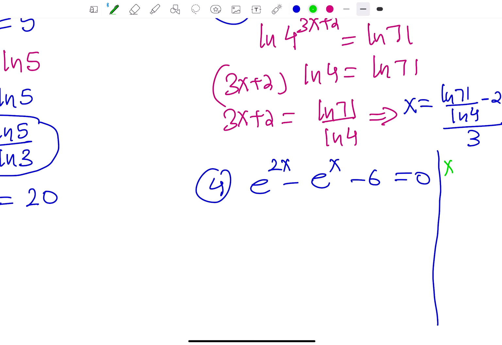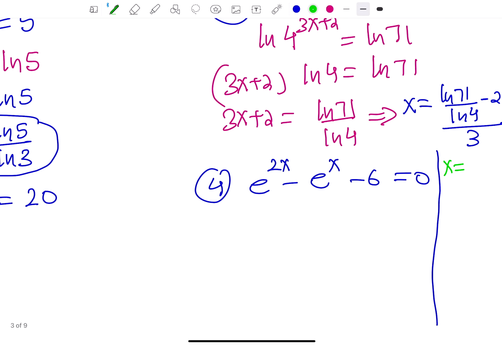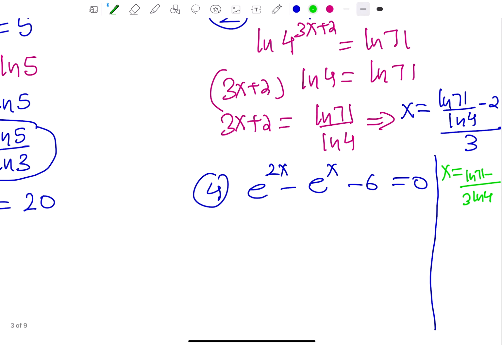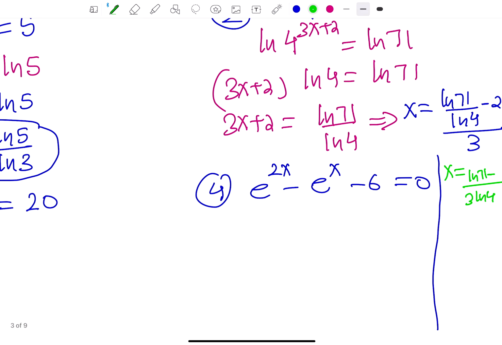We can write it as x equals, in the denominator, 3 natural log of 4, and the numerator would be natural log of 71 minus 2 natural log of 4. Let me use more space.